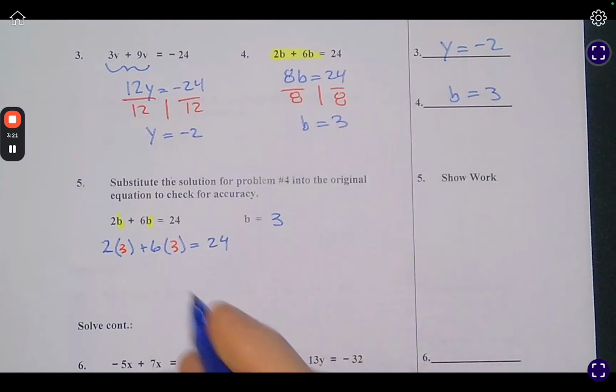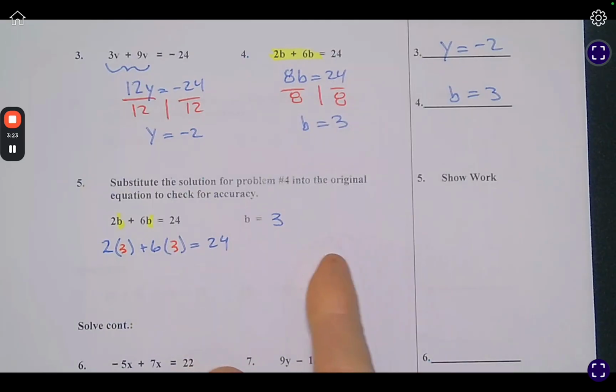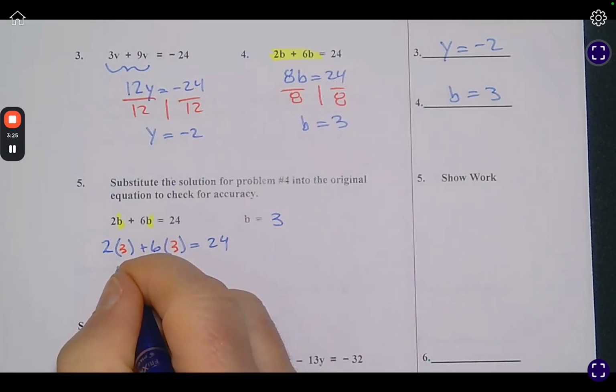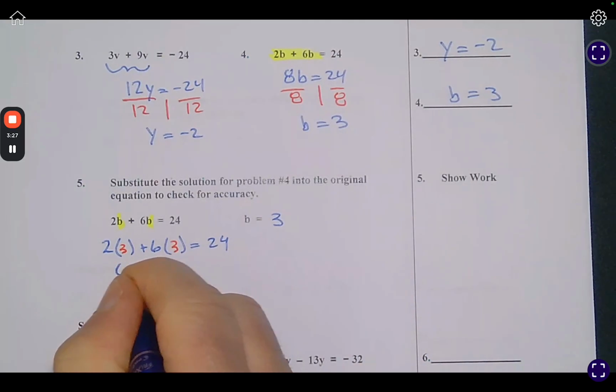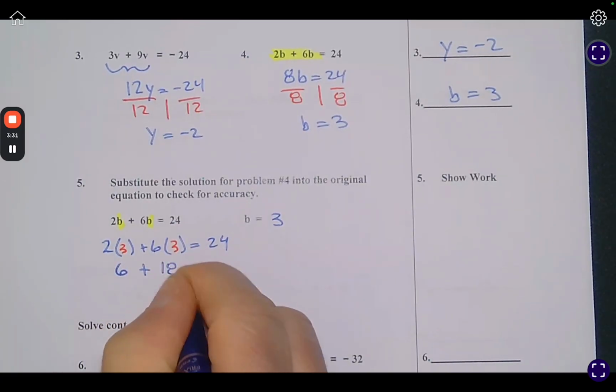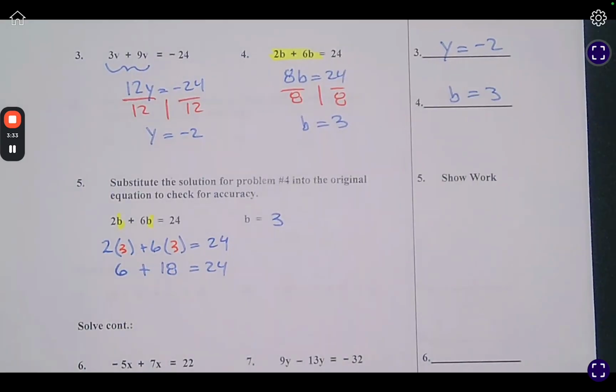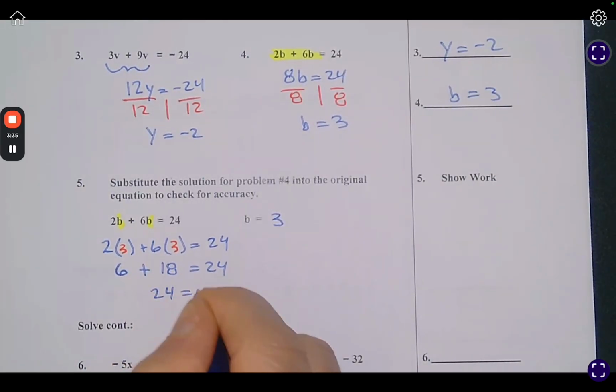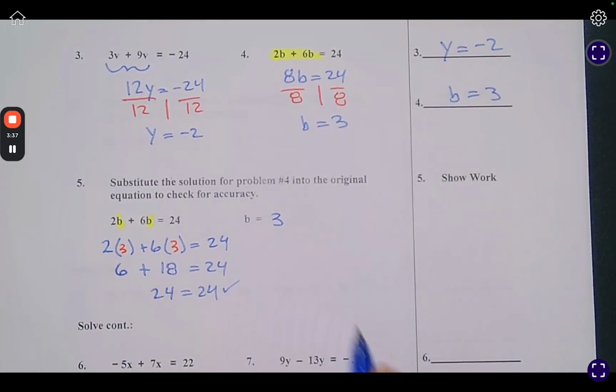Simplify the left-hand side. When you check solutions, you never do inverse operations. You substitute in and simplify. Simplify means perform the order of operations. So I got that. This is 24 equals 24. We got it.